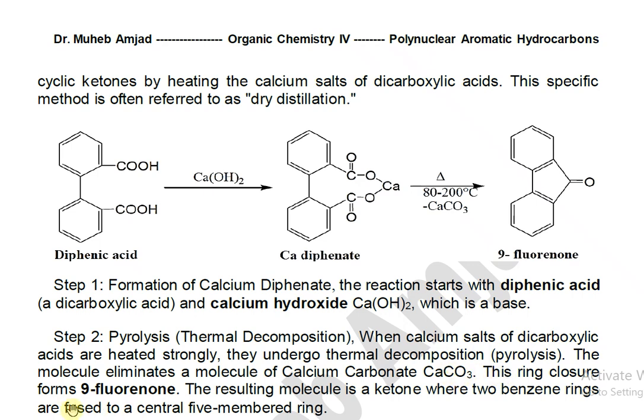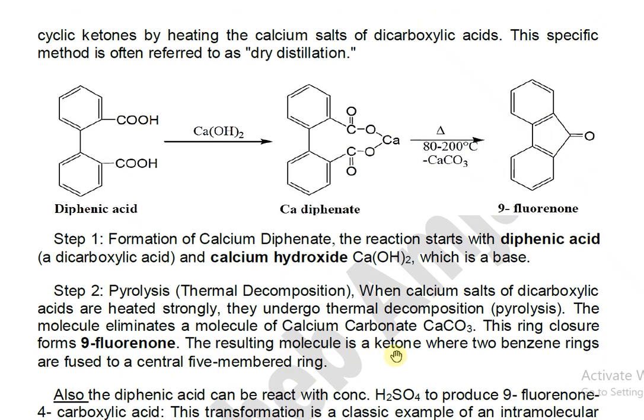This ring closure forms 9-fluorenone. The resulting molecule is a ketone, where two benzene rings are fused to the central five-membered ring. This is a fused three-ring system, but the center ring is a five-membered ring, not a six-membered ring.